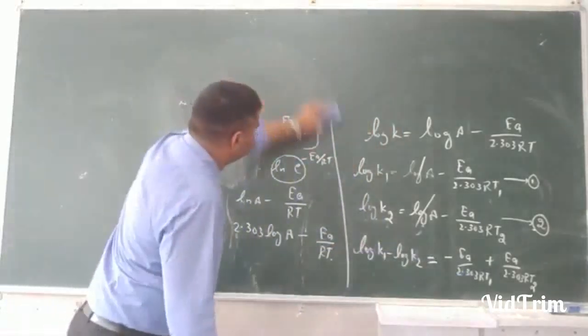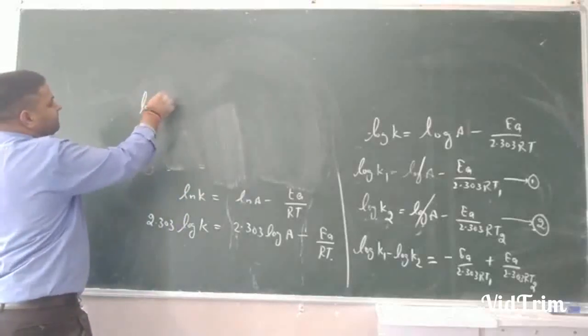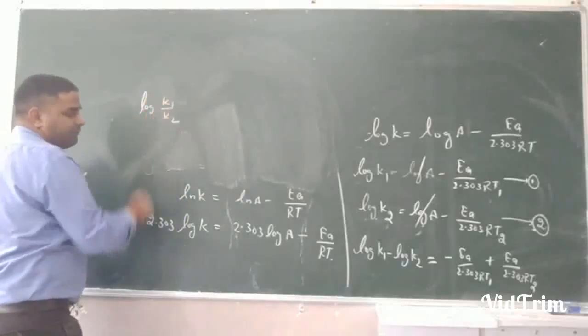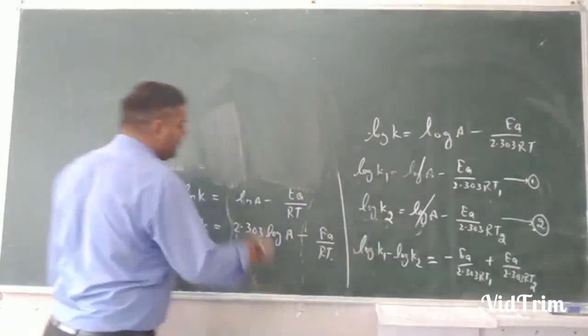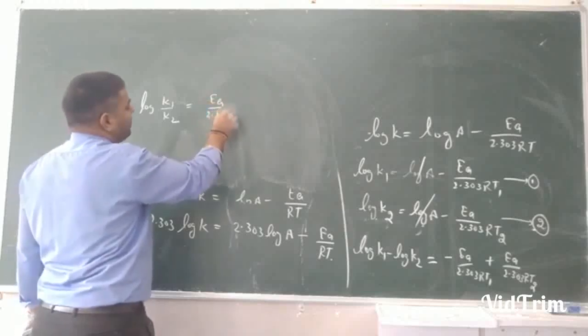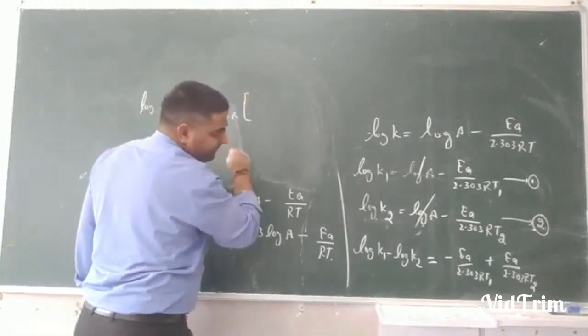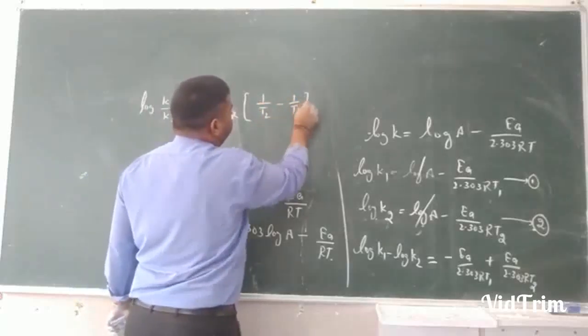So we get log k1/k2 = Ea/2.303R (1/T2 - 1/T1).